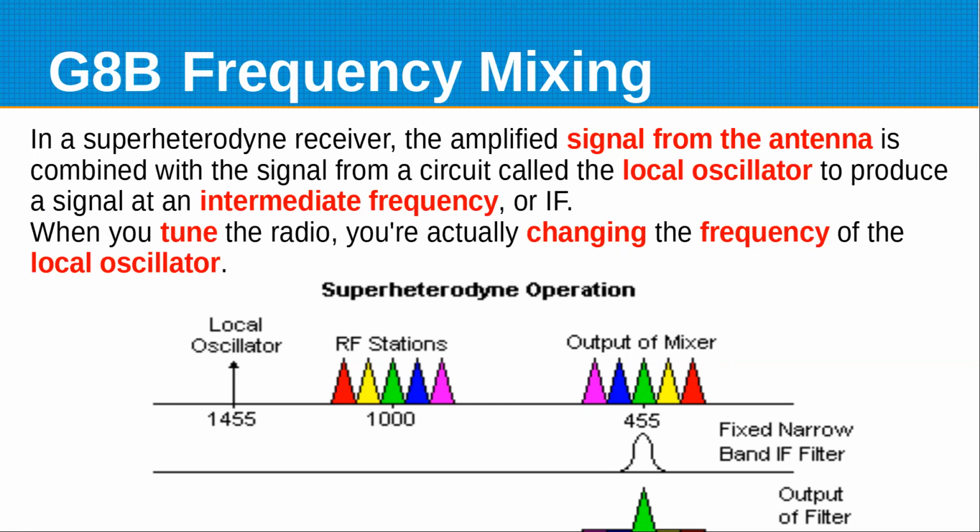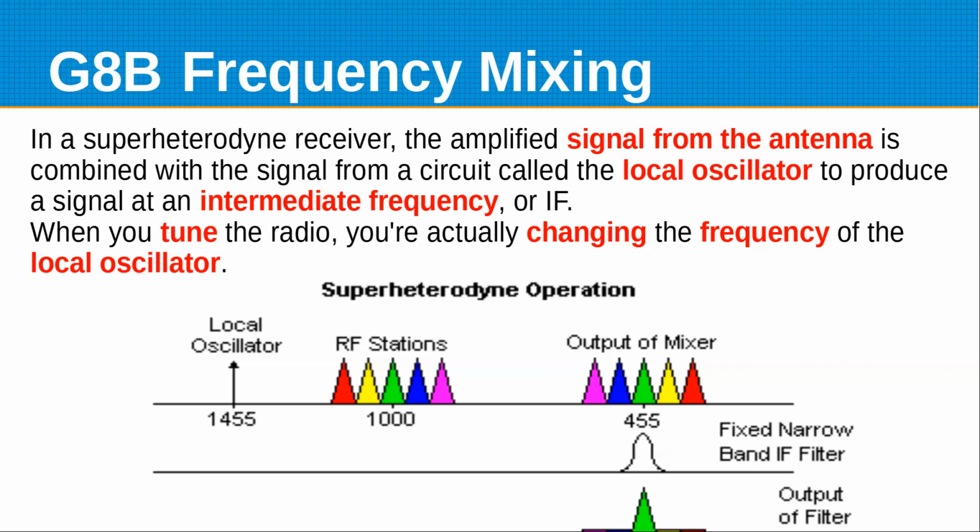In this example, we have our local oscillator set to 1455 kilohertz, and we've got 5 RF stations out here. And the green one is centered at 1,000 kilohertz, and we got two slightly above it, adjacent, and two below. So when we mix these signals together with our local oscillator, we're going to get an IF frequency of 455 kilohertz in our passband, but we're also going to see these other ones adjacent to it.